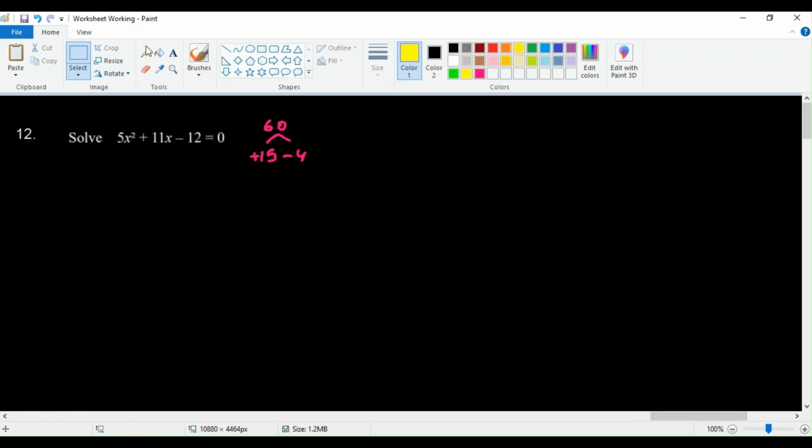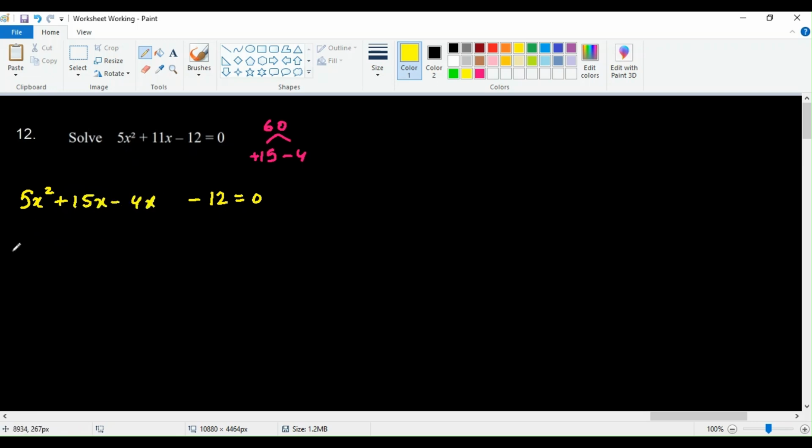Now we know very well that 5 times 12 gives us 60, and the factors of 60 are 15 and 4. 15 times 4 is 60, and plus 15 minus 4 gives us plus 11. So I will write the first one as it is without a change, last one also without a change, and breaking the middle term, it's going to be plus 15x minus 4x.